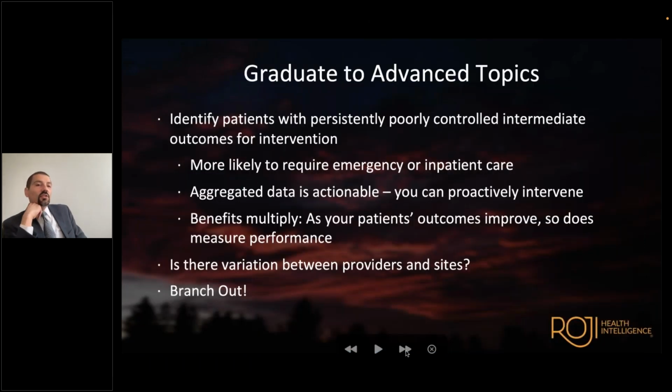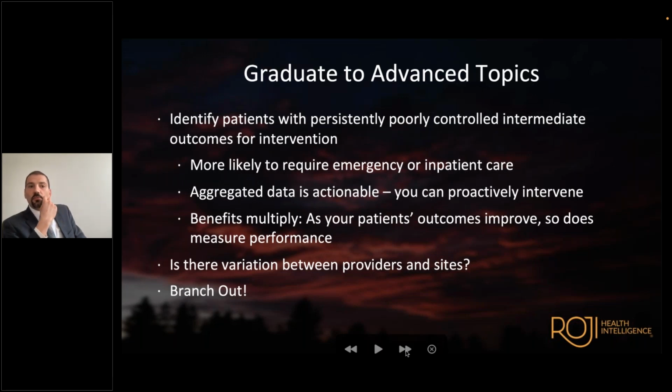And then finally, you can graduate to advanced topics. So you want to find the patients who are persistently poorly controlled in those intermediate outcome measures. Those are the measures like the A1C and the blood pressure. A high A1C or a high blood pressure are not themselves bad outcomes, but they are indicative that somebody is going to have a poor outcome down the road.